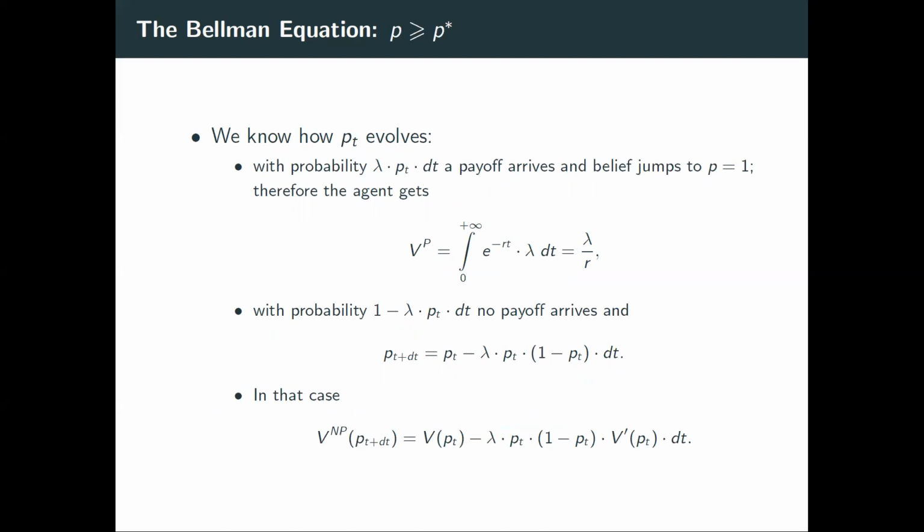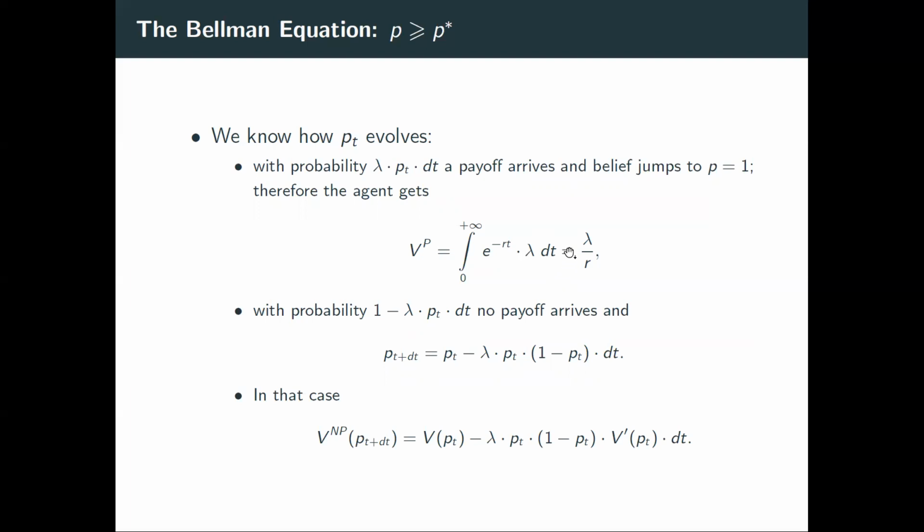If your belief jumps to 1, that you are certain that the risky arm is good, then remember that in any instant when you are certain that the risky arm is good, you get exactly lambda times dt. Remember, with probability lambda times dt, you have an arrival. With probability 1 minus lambda times dt, you do not have an arrival.